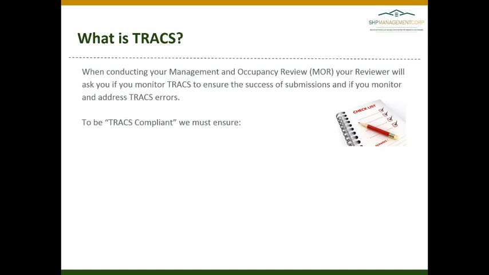Now, when you have an MOR, the auditor is going to review and ensure that we are monitoring TRACS to ensure the success of the information that is being sent, such as the tenant files and the HAP vouchers.